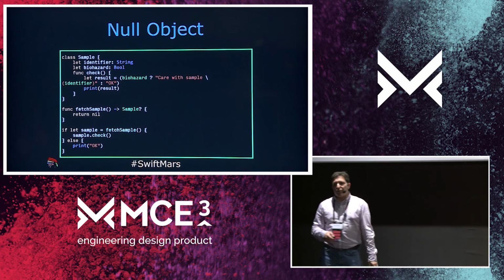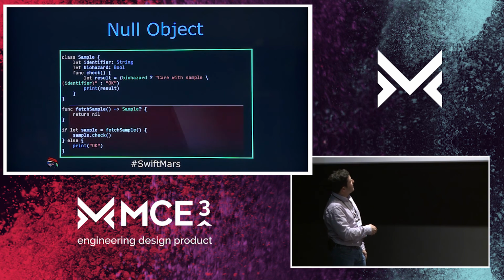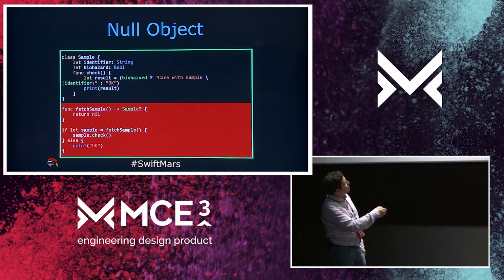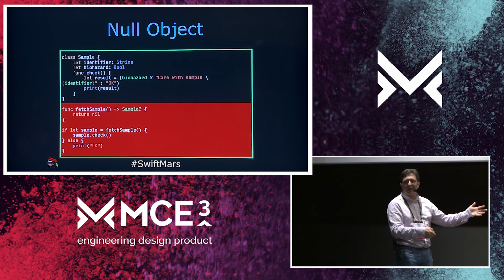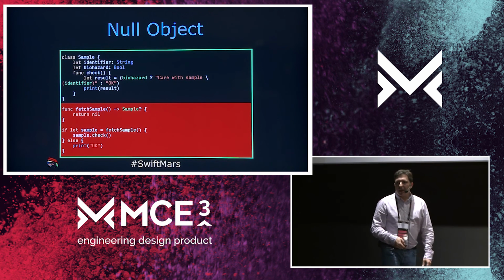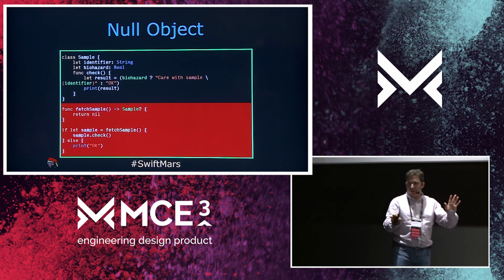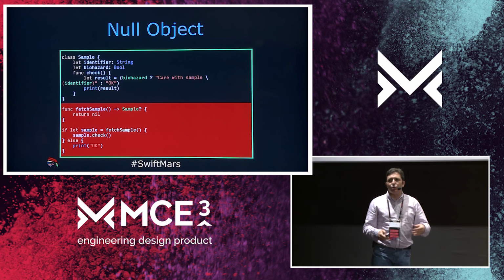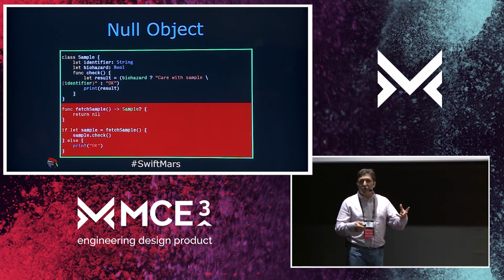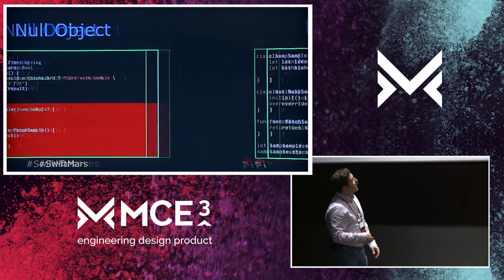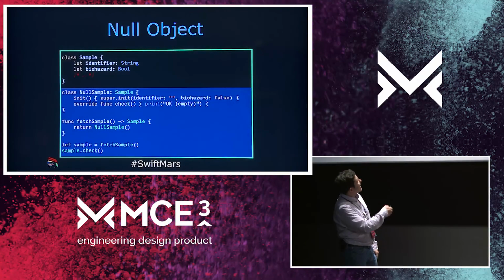You have probably read code like this that returns an optional, and it has to check every time whether the optional has a value or not in order to provide or print some information. I'm not saying this is wrong, not at all. But in some cases, you want default behavior that can be provided by using a design pattern. How do you do that? You derive a class that is called the null object class.